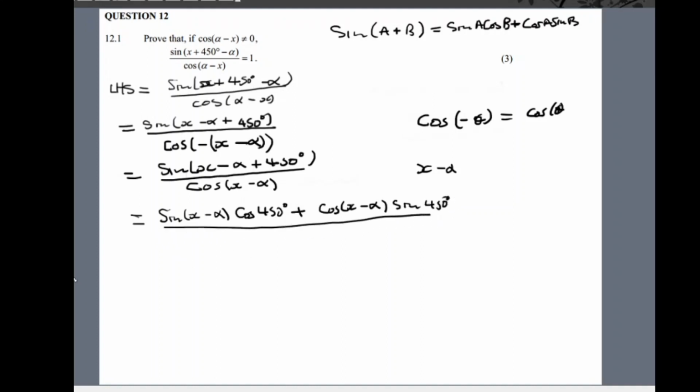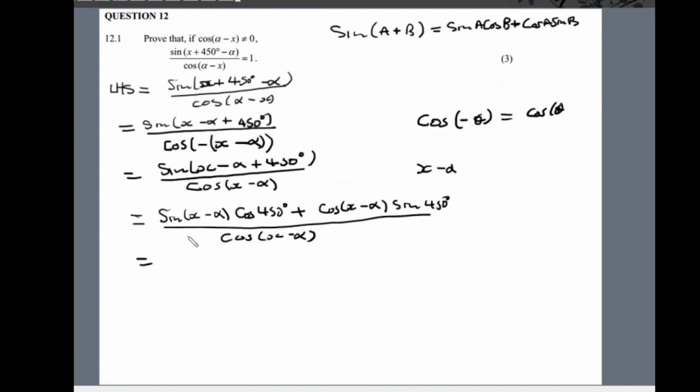And then numerator yakho you still have cos x minus alpha, right? So now if we have a calculator yakho, you would see ukuthi cos 450 degrees is equals to 0 and sine 450 degrees is equals to 1.